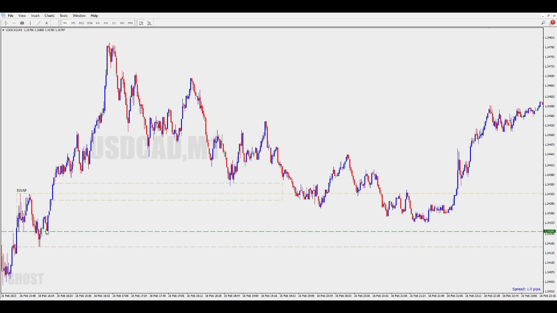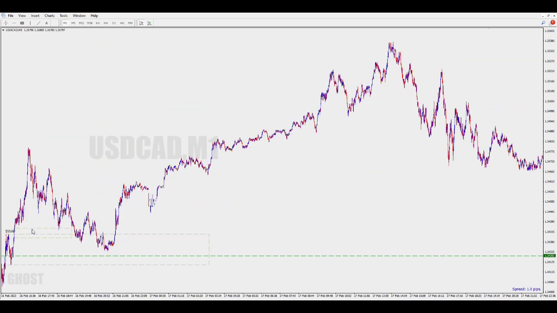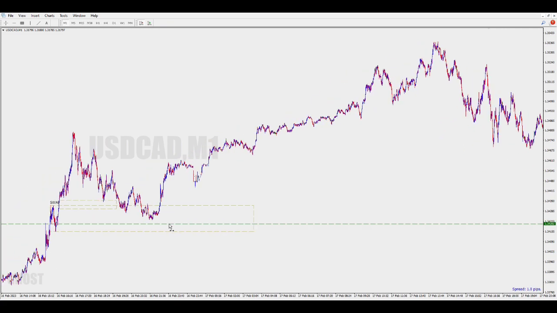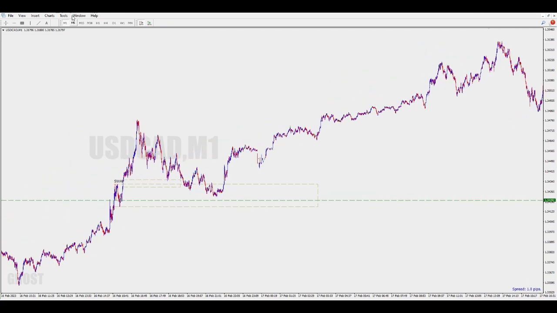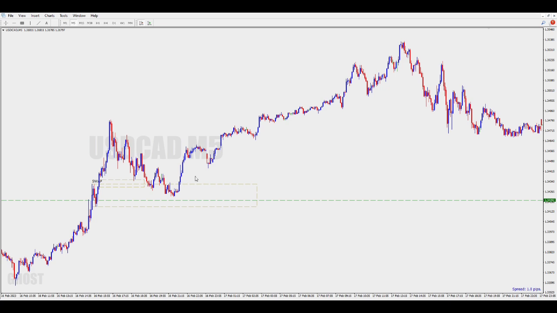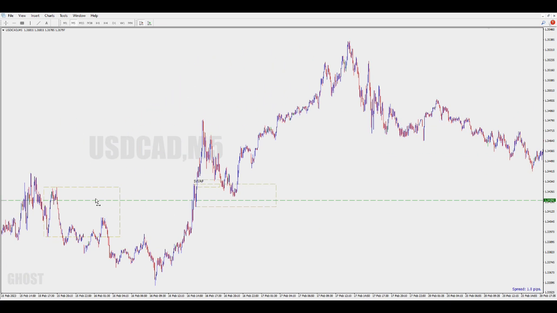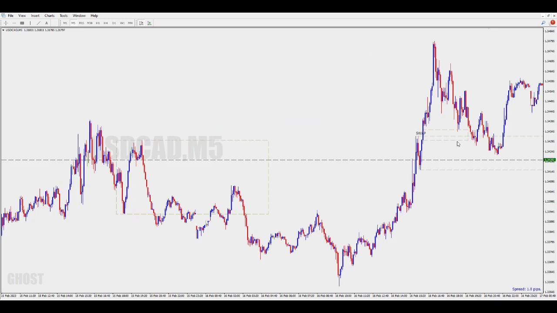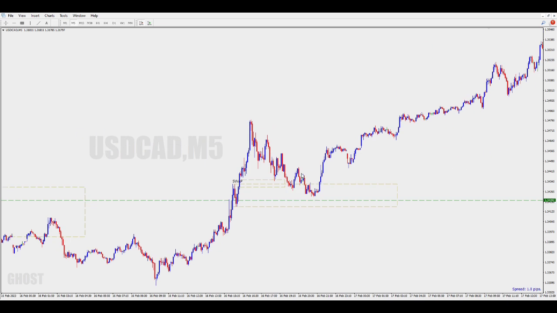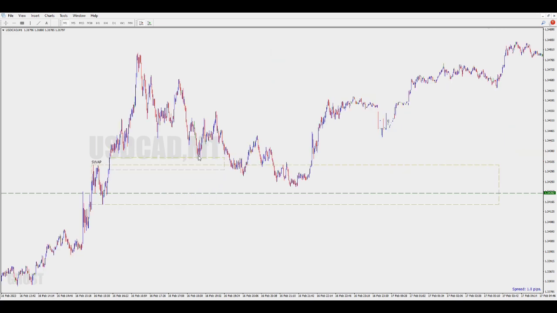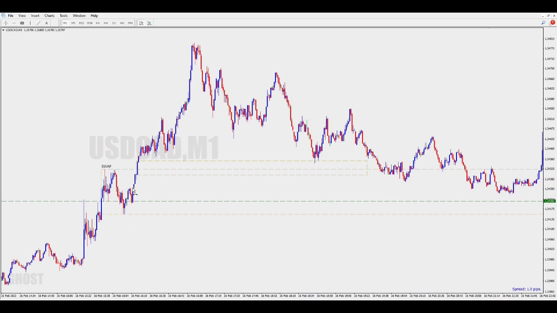So I would definitely be very reserved about this trade. As you can see, not all of the trades and all of the zones are tradable. In this area we find the zone, and we evaluate the zone.